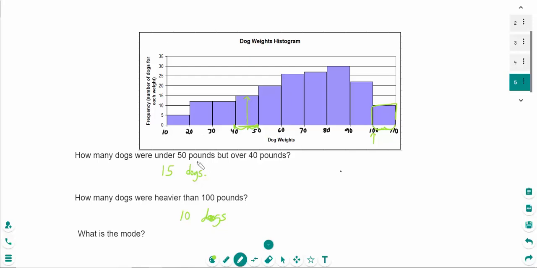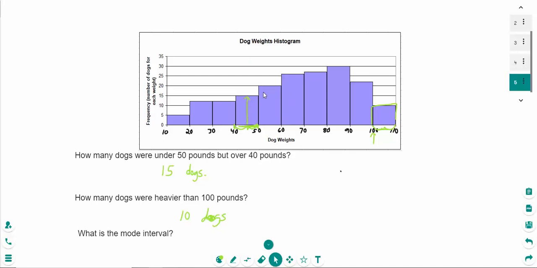All right, what is the mode interval? Be careful with this one, because remember I said earlier, you really can't tell what the mode is based on these histograms. However, they're asking for the mode interval, which just means what interval, what span of weights, is the most common.